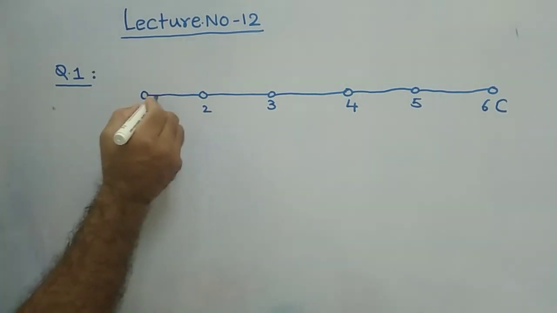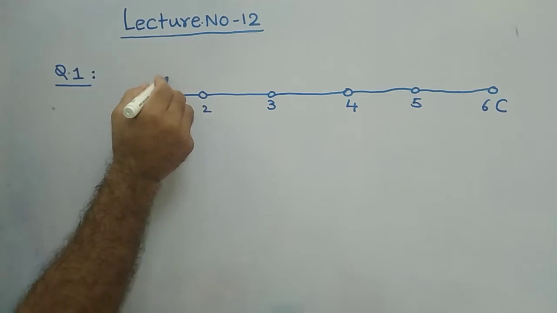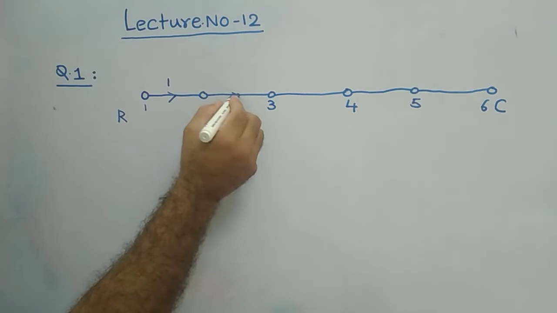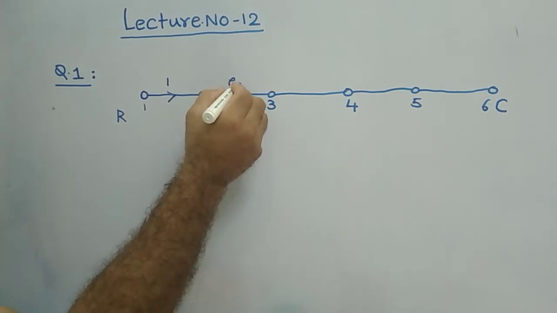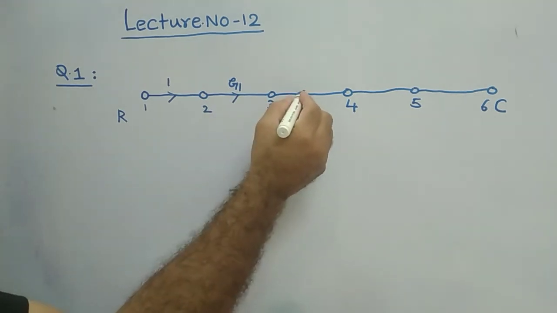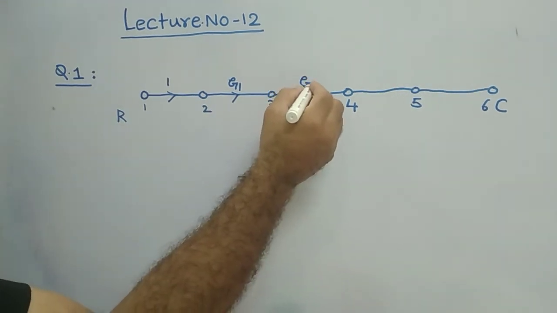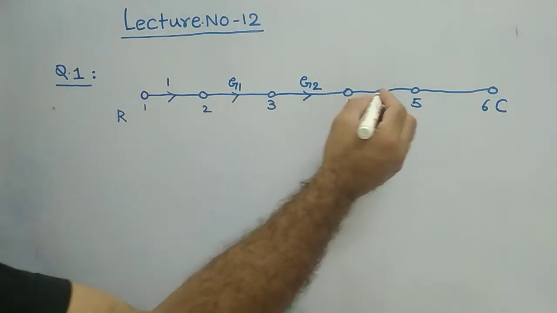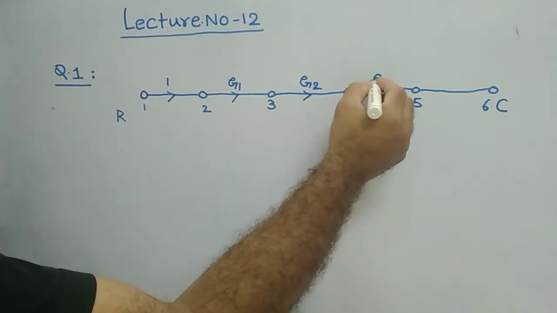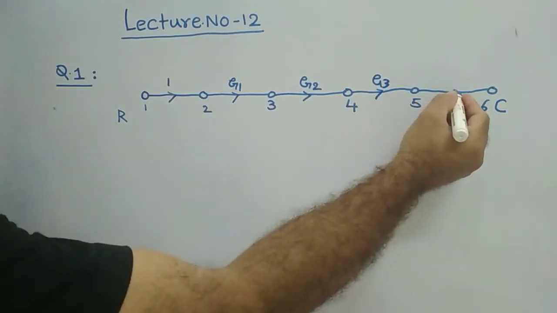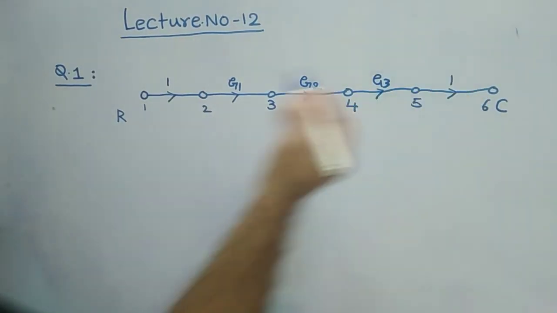Between node 1 to 2, the gain is given as 1. 2 to 3, it is given as G1. 3 to 4, it is given as G2. And 4 to 5, it is given as G3. And then 5 to 6, it is given as 1.